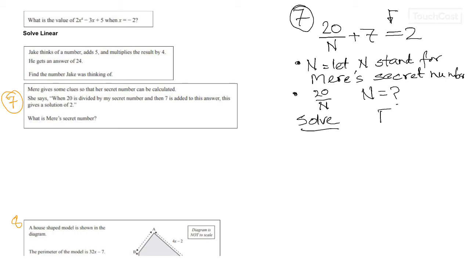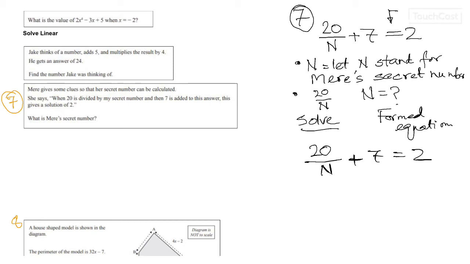So I formed the equation, and then I need to solve it, and then I have to write the statement that the number is such and such.